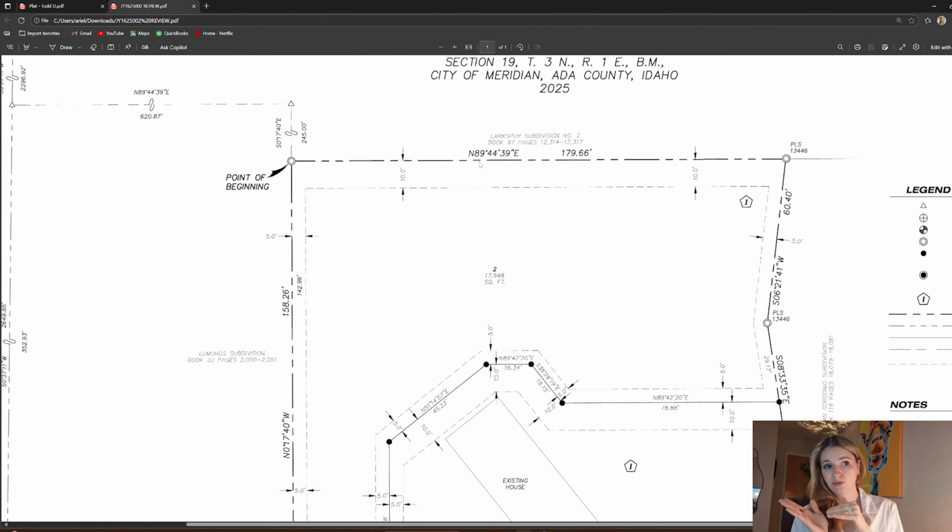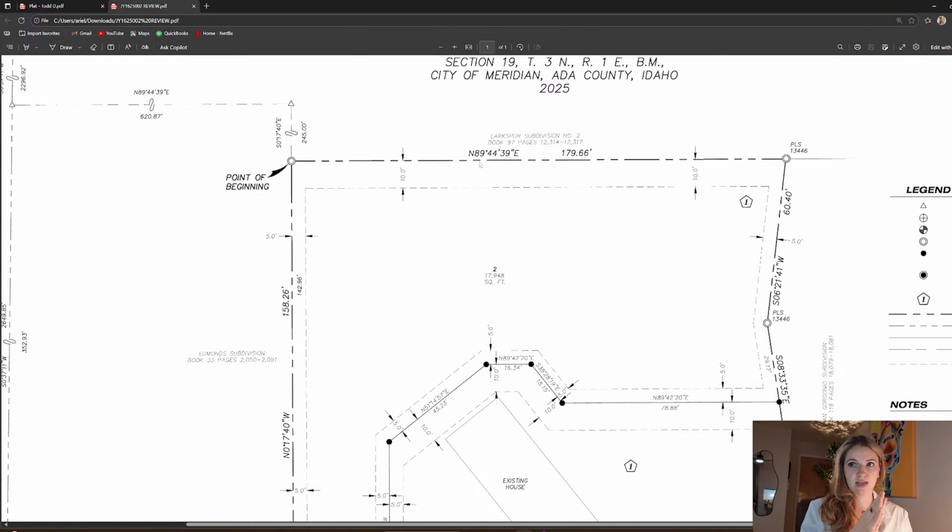It's close to a 90-degree angle, as you can see, but it's not exactly a 90-degree angle. So you go 89, and then the next fraction is 44, and then the next fraction below that is 39. It's just breaking it into smaller and smaller sections, so you know you're staring exactly in that direction.